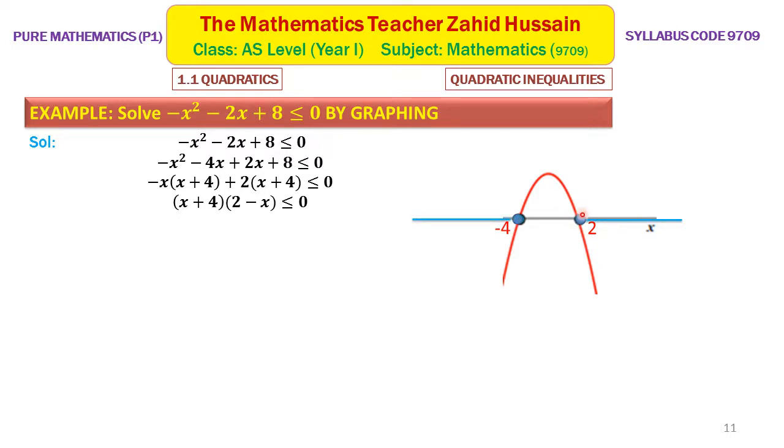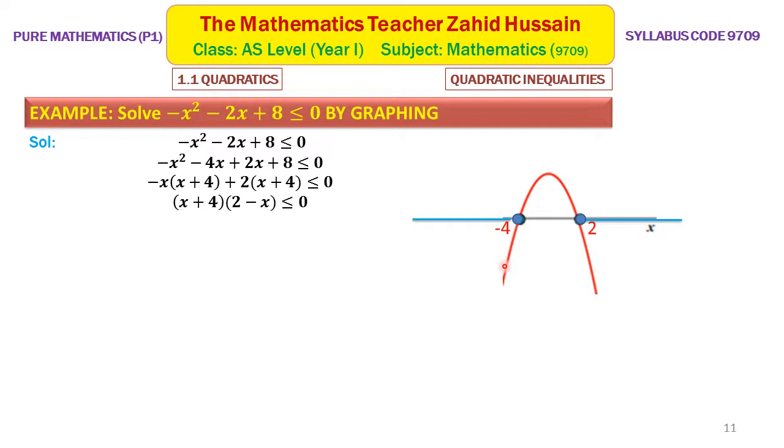At x is equal to 2 it is 0, and when x is greater than 2 the value of y is negative, below the x-axis. When x is equal to -4 it is 0, and when x is less than -4 the graph is below the x-axis.